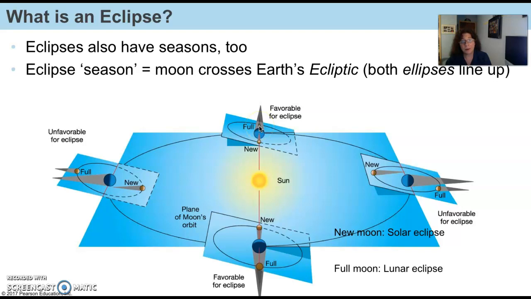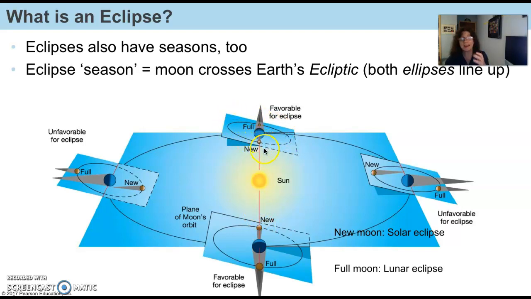That's very favorable for an eclipse. In general, there are 2 times during the year when there is a meeting of the ecliptic of the Earth and the moon's revolution around the Earth.